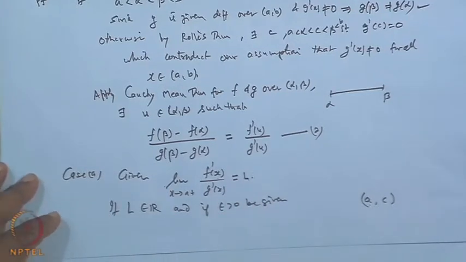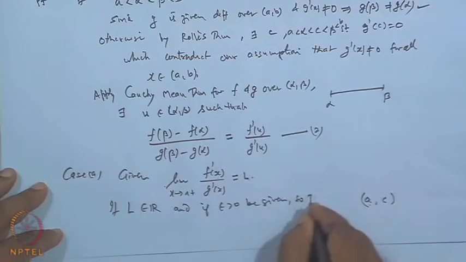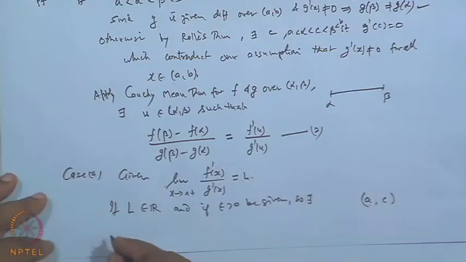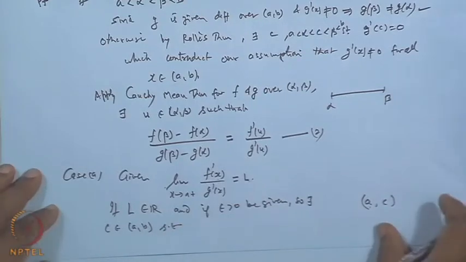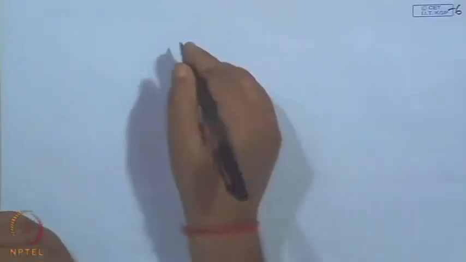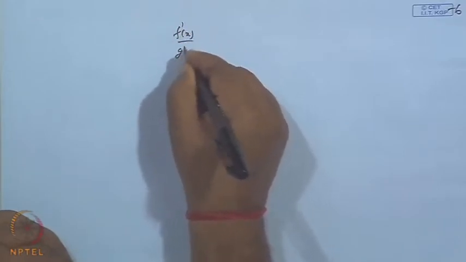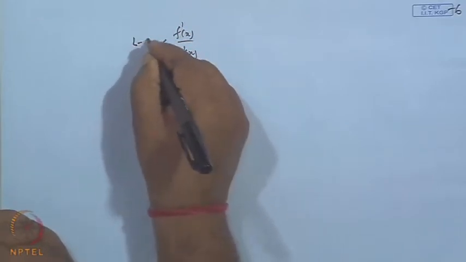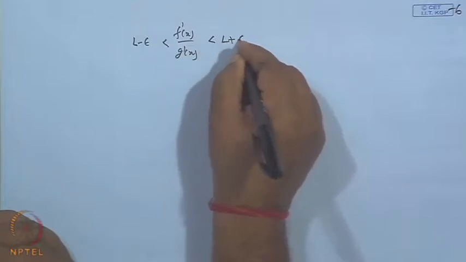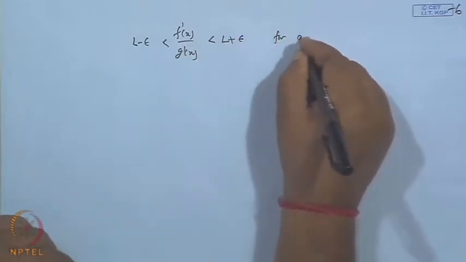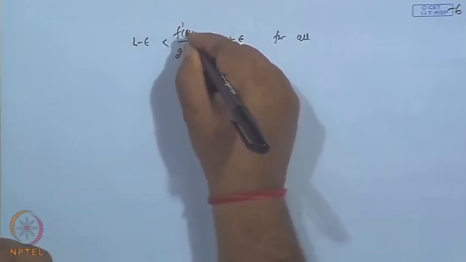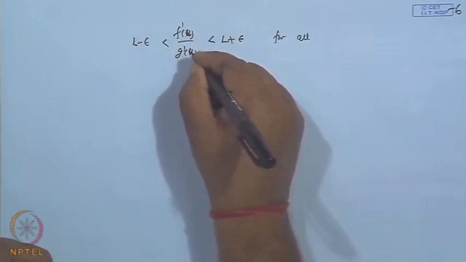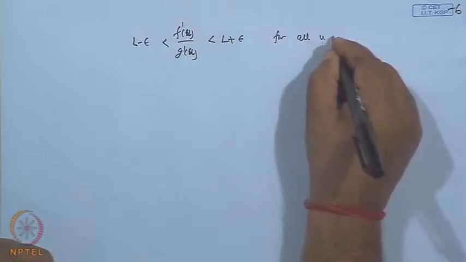So, we can say there exists a C belonging to the interval A B such that f prime u over g prime u lies between L minus epsilon and L plus epsilon for all u. So, let us take all u belonging to the interval A C. Okay.